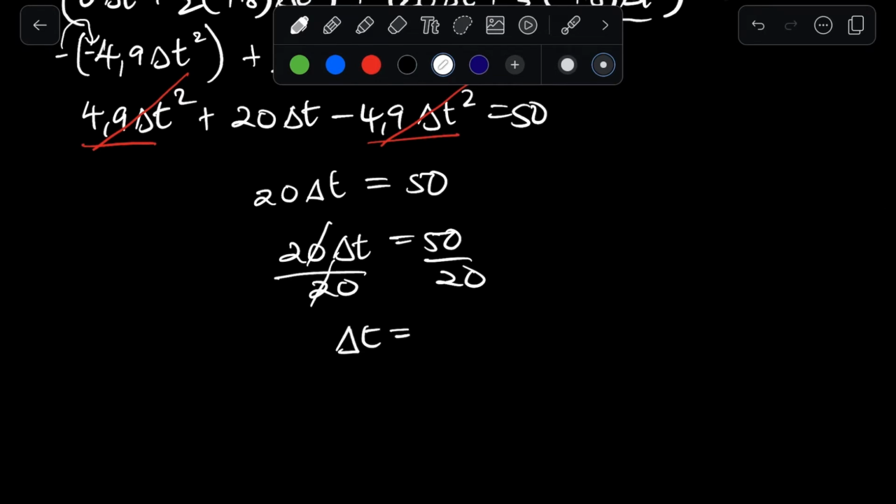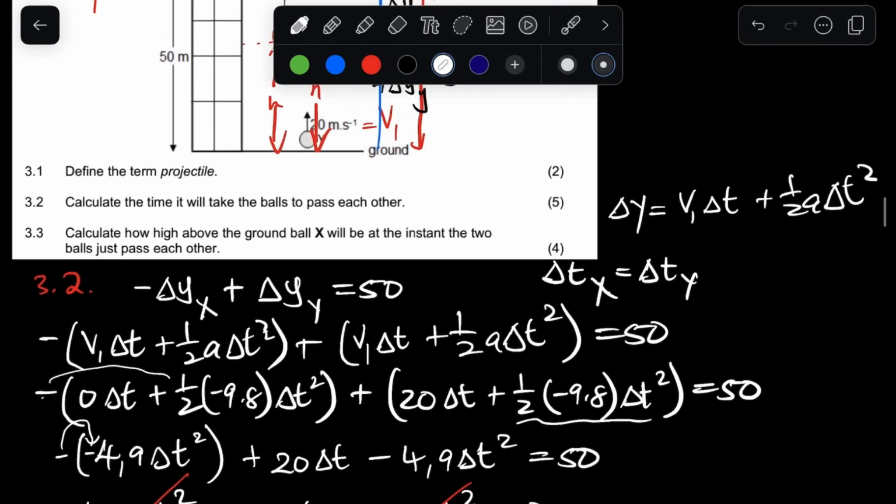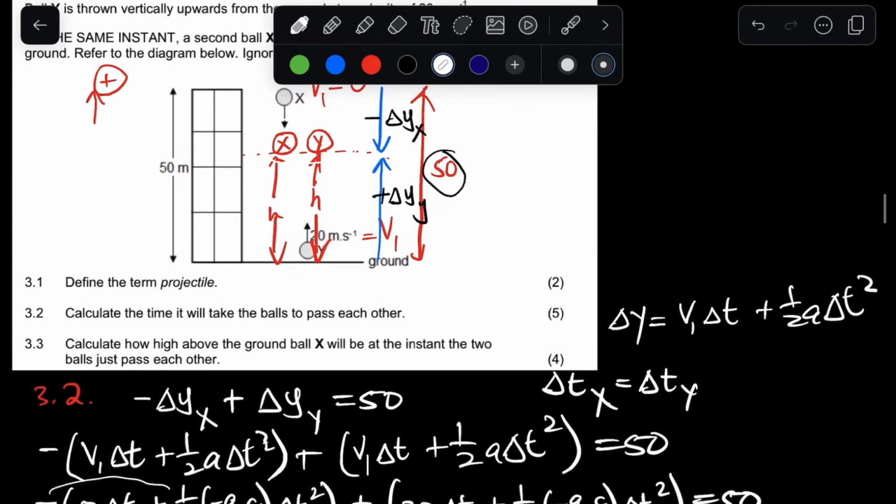So your time will be 5 over 2, it's 2.5 seconds. So the time both balls took to pass each other there, it's 2.5 seconds.